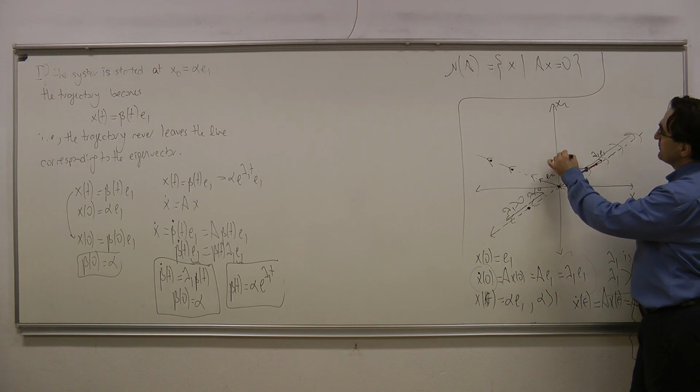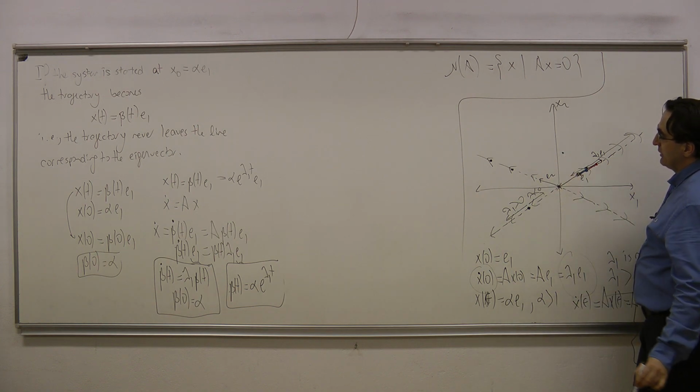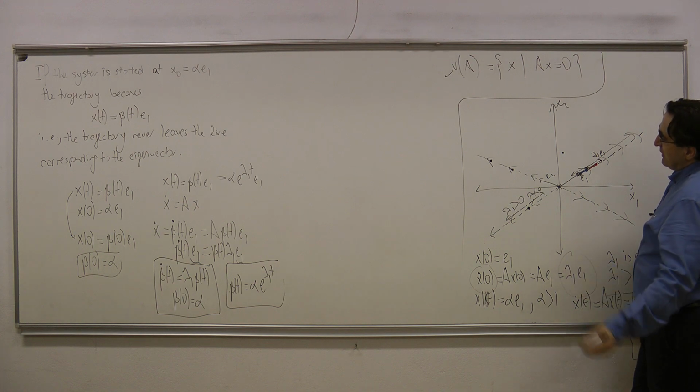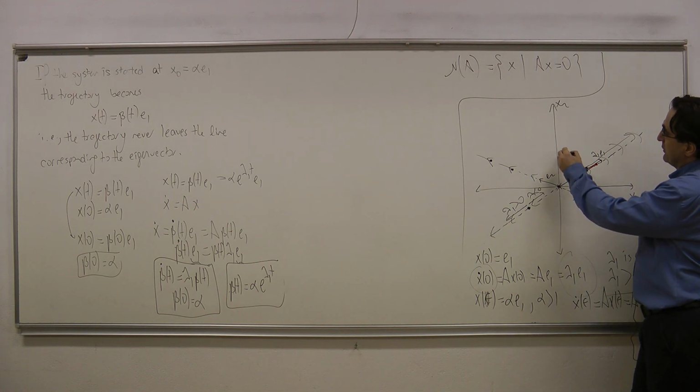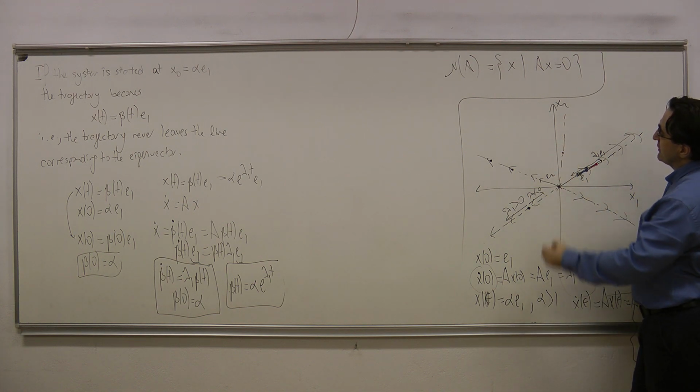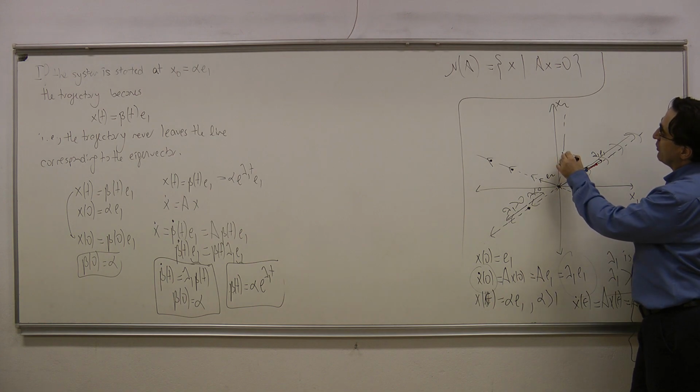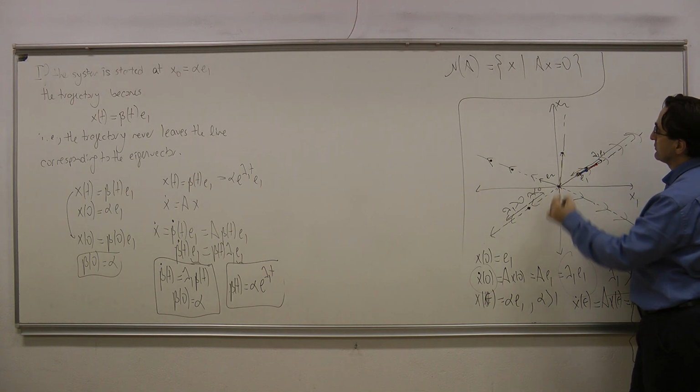And what happens if I start the state somewhere here? In that case, it's not really obvious, because since this is not an eigenvector, the velocity of the state might be different on this line than this line pointing to this vector.